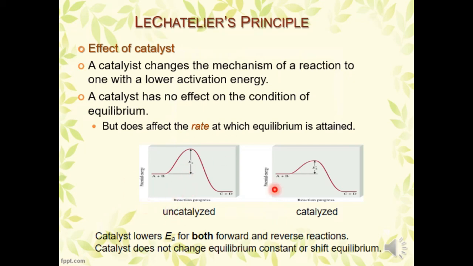This is the uncatalyzed reaction, where the activation energy is rather high, but when we add a catalyst, the activation energy is reduced. A catalyst lowers the activation energy for both the forward and reverse reactions. However, it does not change the equilibrium constant value or disturb the position of the equilibrium. It only speeds up the reaction.